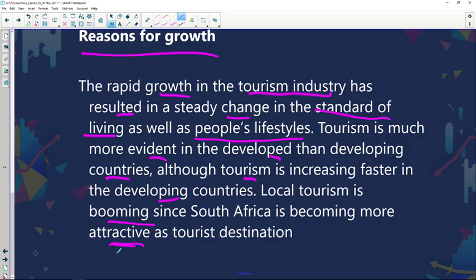We know that the developed countries, when we look at the North and the South divide, the North benefits from tourism because if you ask people, what are your top 10 destinations? They'll go like, I'd like to go and see Paris. I want to go to New York. I want to go to Amsterdam. I want to do this and that. So they name the developed countries.